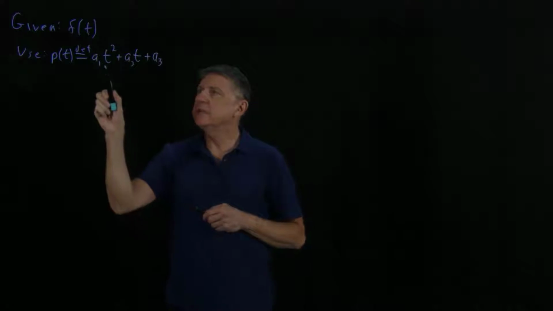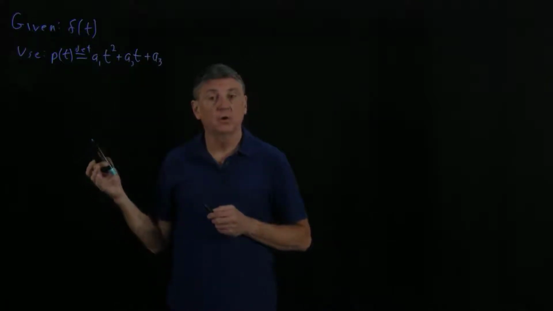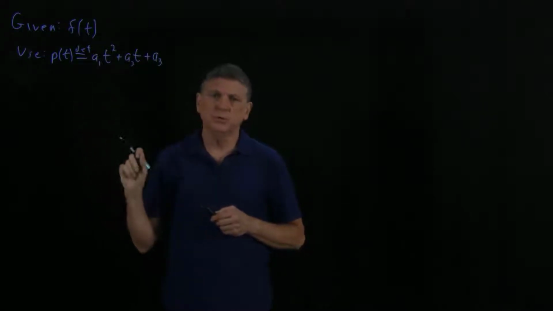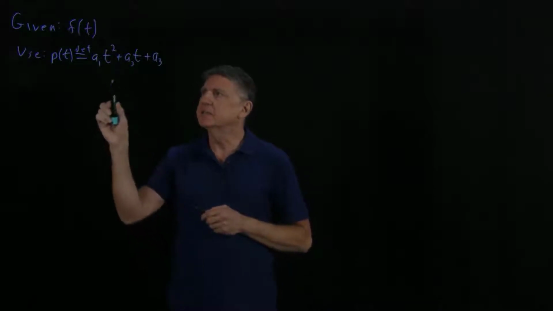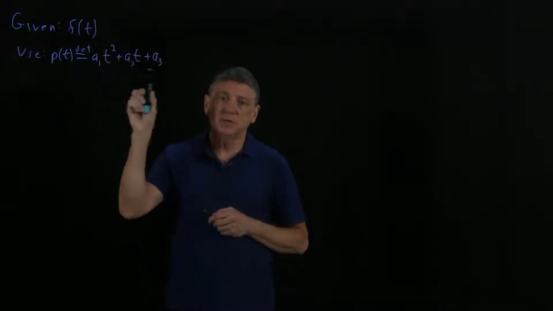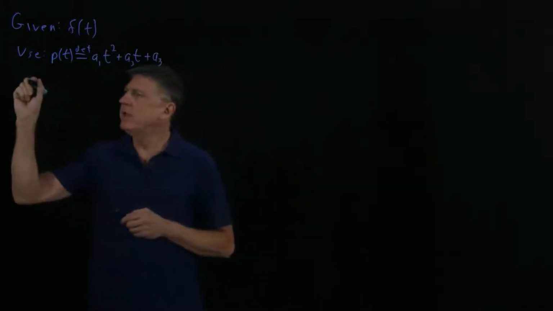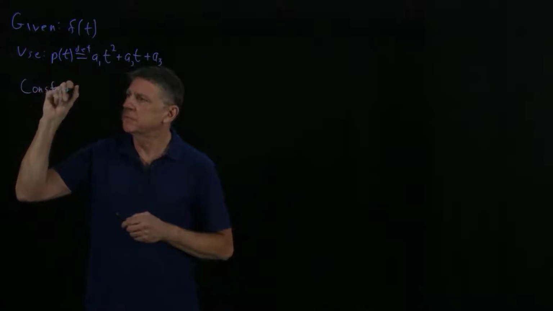We can see that there are three unknowns here, and what we'll need are three equations and three unknowns. So the way that we'll do this is we'll say that the user has to give us enough information that we can uniquely determine what those coefficients are. And the way we'll do that is we will constrain this.